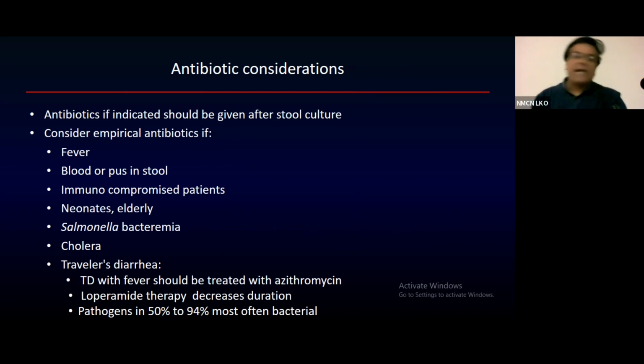However, empirical antibiotics may be considered in situations with fever, blood or pus in the stool, immunocompromised patients, neonates, elderly, Salmonella bacteremia, cholera, traveler's diarrhea, where you have presence of fever.